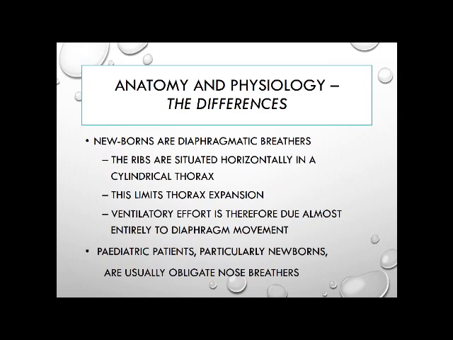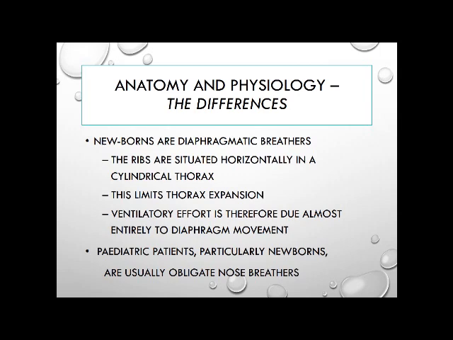When we think about the infants, they are diaphragmatic breathers. Their ribs in the thorax are more cylindrical, and they are situated horizontally. That would in turn mean that the expansion of the thorax will be limited, because a cylindrical chest will not have the ability to expand and move the ribs up and down.